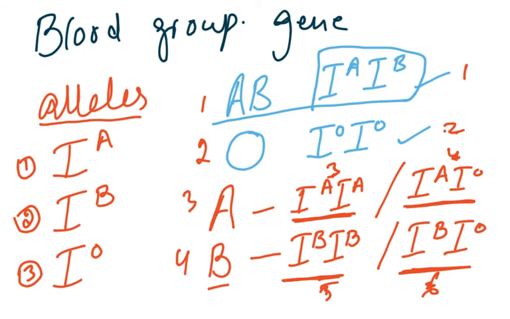So these are the alleles, and we all have the blood group gene, but we have different alleles. I mean, if you're O group, well then you're IO. If you are group AB, then you are IAIB. We all have the gene, but we have different alleles. Alleles is the alternative form of a gene.